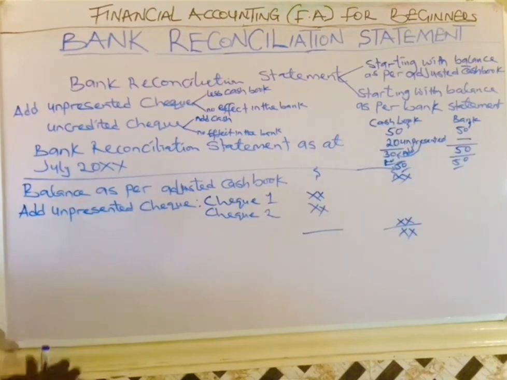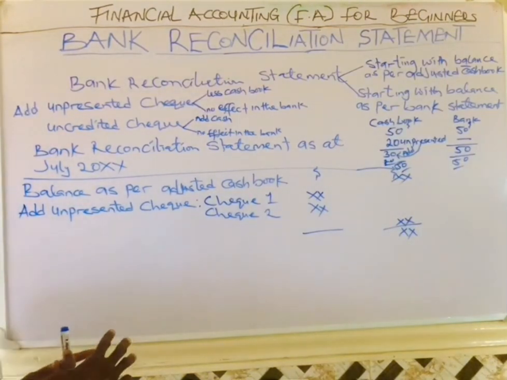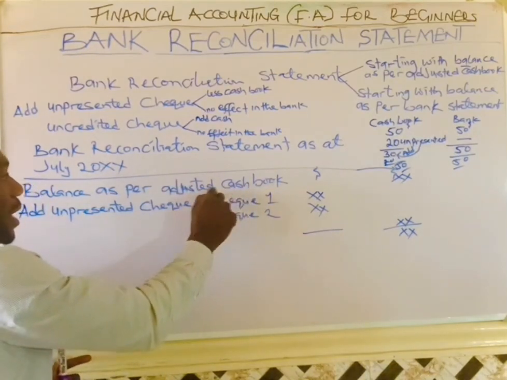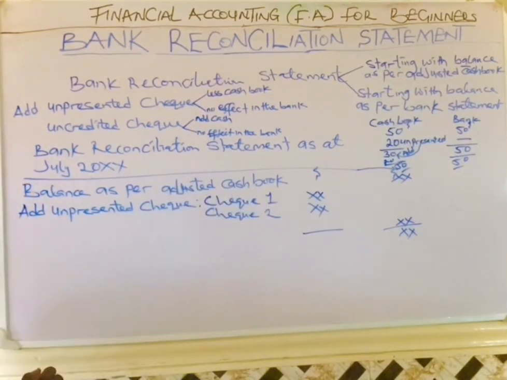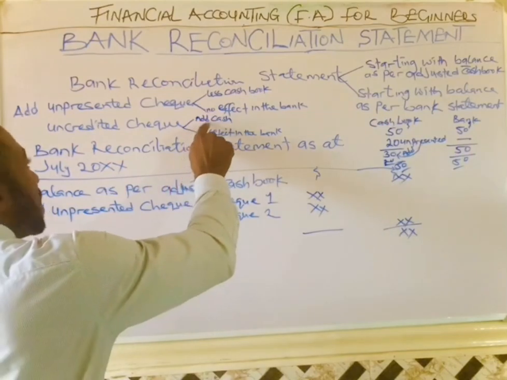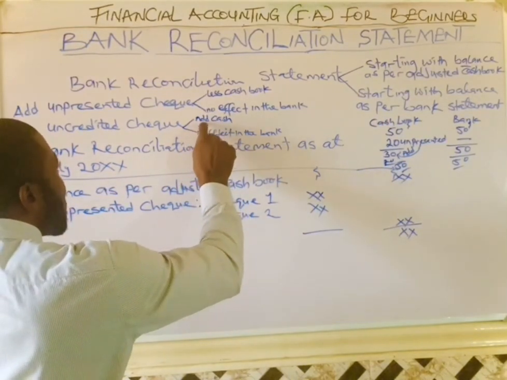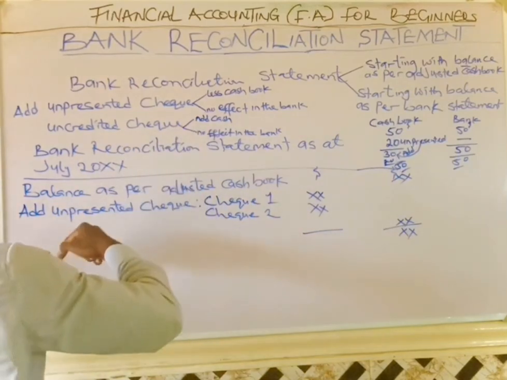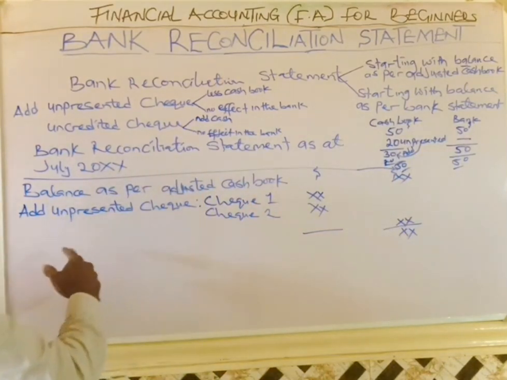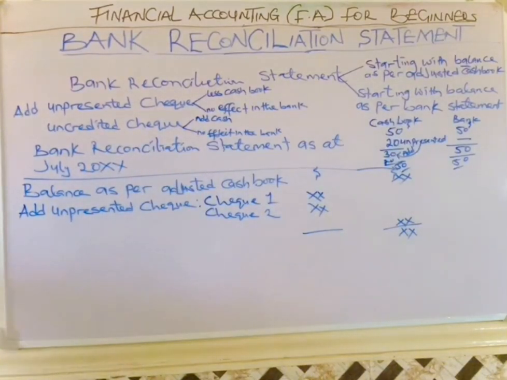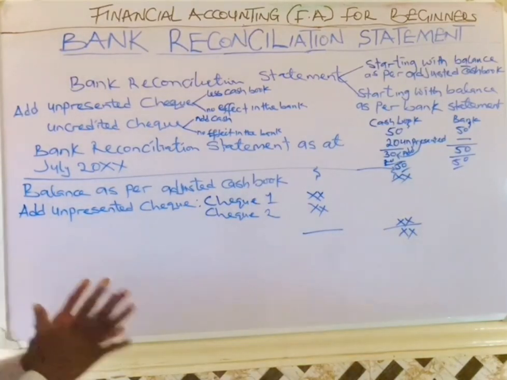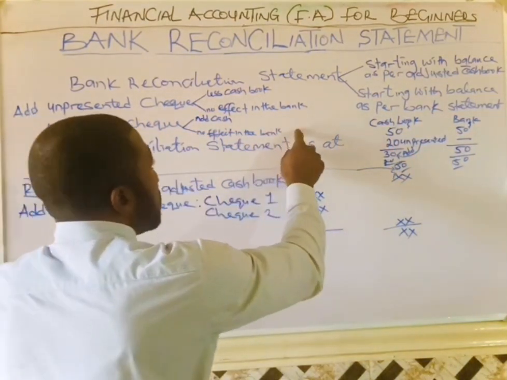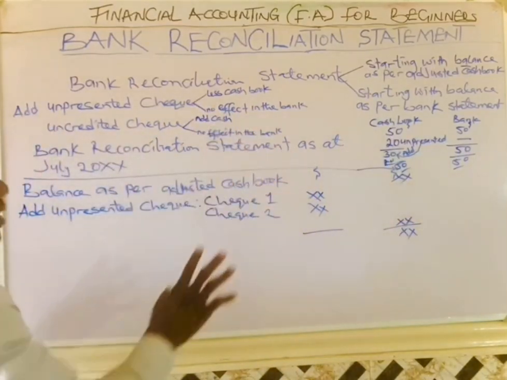So since we are only affecting our cash book, and we have already added this check to our cash book, that is, received and entered in the debit side of the cash book, now we're going to remove it, since the check was not credited while preparing the bank statement.